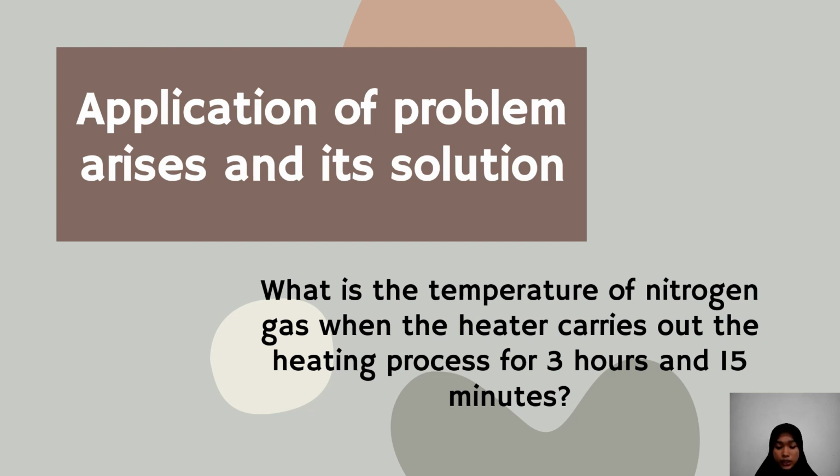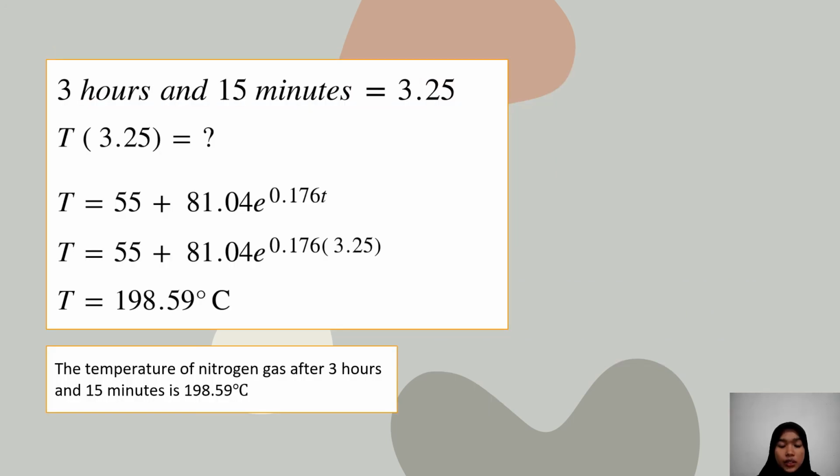Okay, the application problem arises and its solution. So the question is, what is the temperature of nitrogen gas when the heater carries out the heating process for 3 hours and 15 minutes? The time is already given as 3 hours and 15 minutes, and it's equivalent to 3.25 hours.